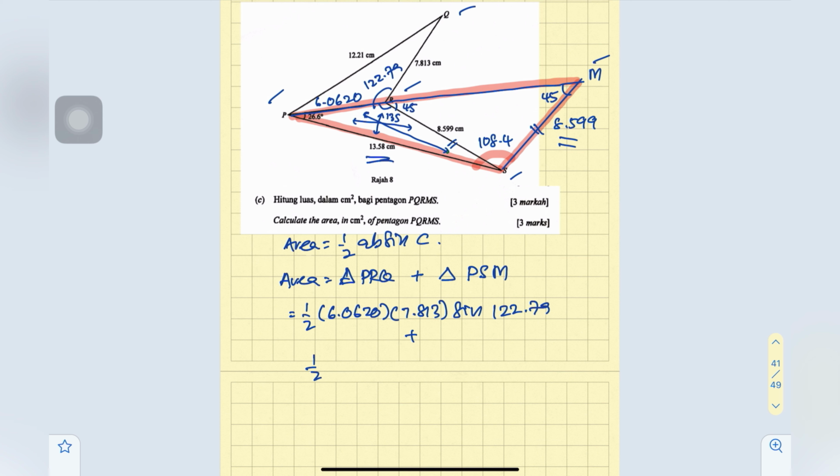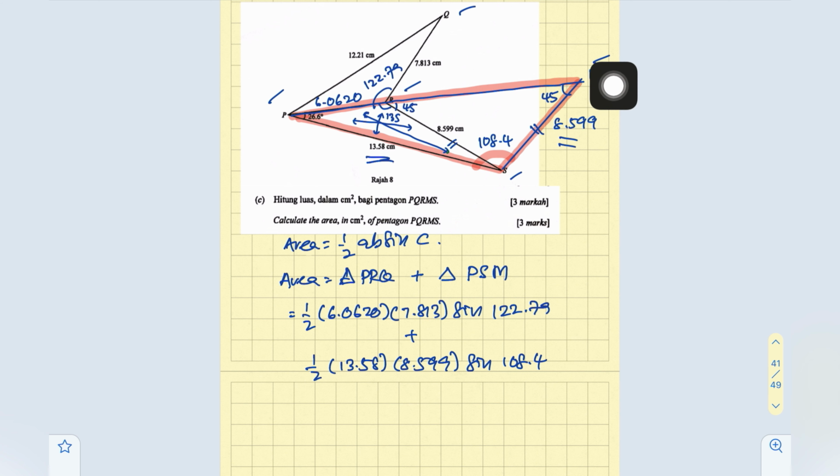So saya guna angle 108.4 lah. So this one 13.58 times 8.599 times sin 108.4. Okay, ni kamu boleh je juga kalau kamu nak guna sin 45, tapi length kamu yang ni lah, length SM.